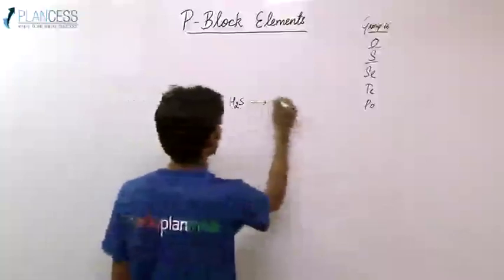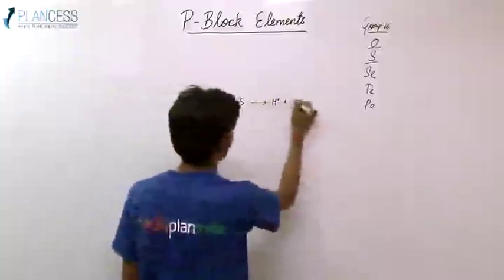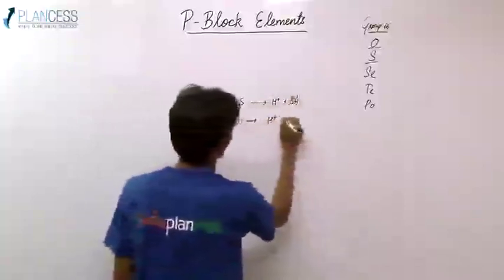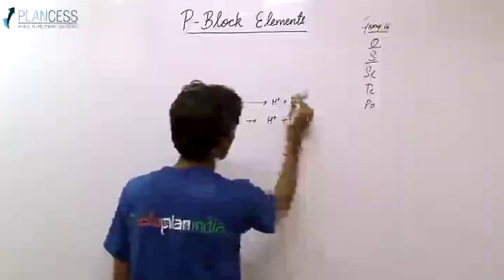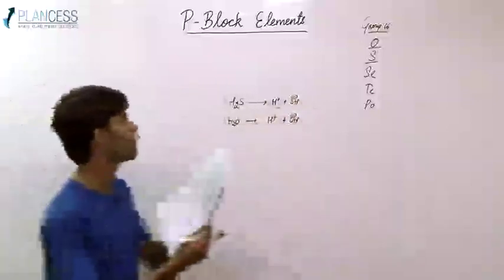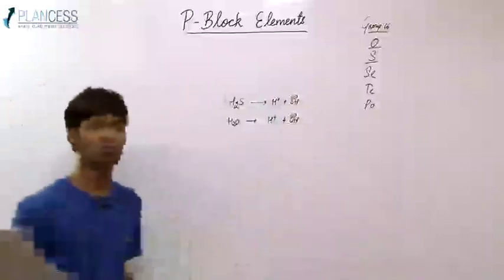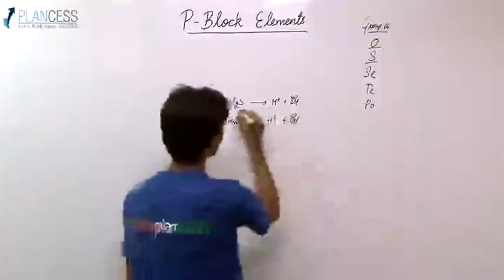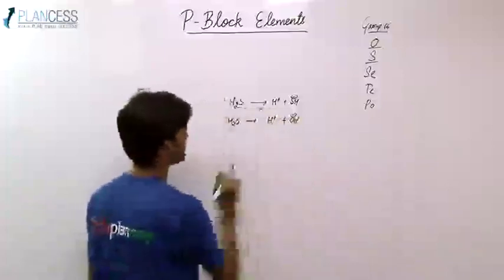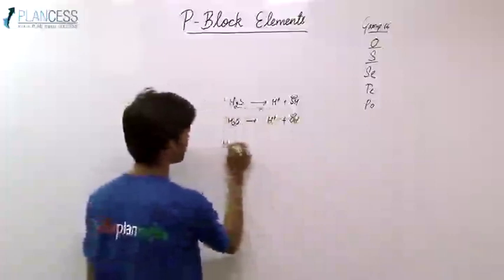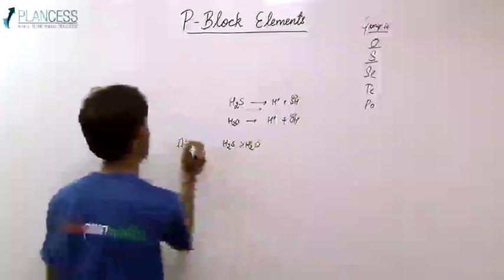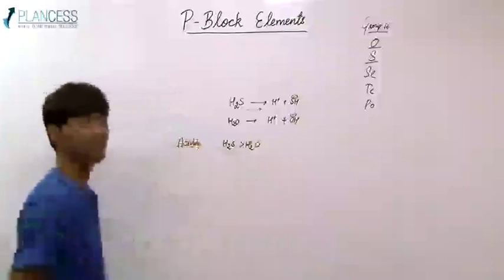It will give H plus and SH minus ion, and in case of H2O it would be H plus and OH minus ion. The minus charge on sulfur, which is bigger in size, will be more diffused or delocalized. Therefore this reaction in the forward direction is more favorable as compared to the other reaction. So as far as acidic character is concerned, H2S is greater than H2O.